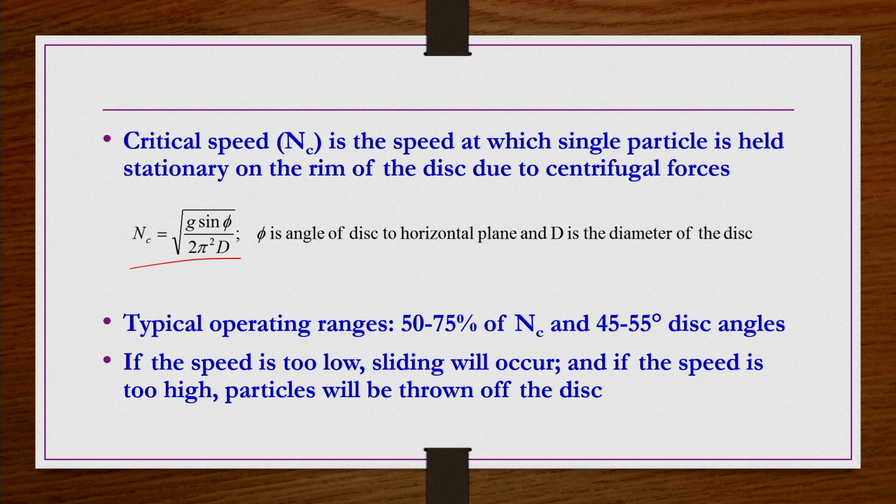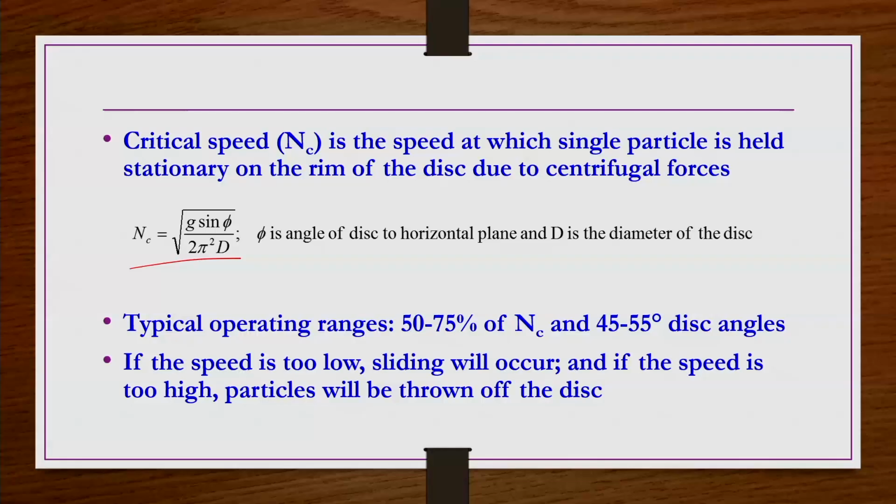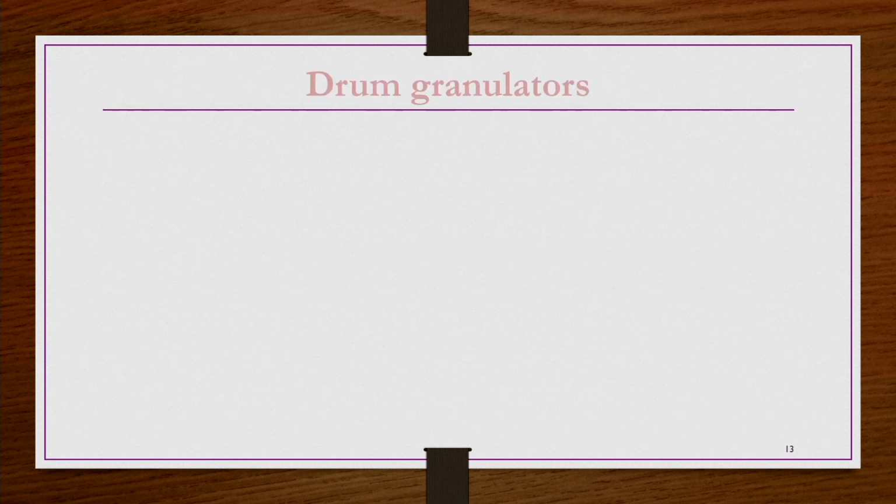If it is too small, the particles may slide over. If the speed is larger than the critical speed, then centrifugal forces may dominate, and particles may be thrown out of the disc. Both of them are not good for the efficient operation of such processes.